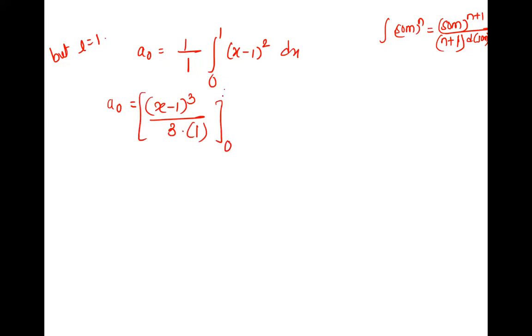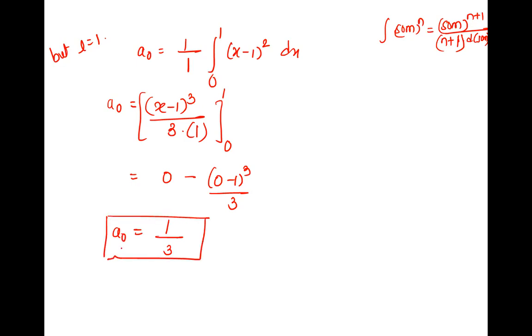From 0 to 1. If upper limit x is 1, 1 minus 1 is 0, 0 by anything is 0. Minus lower limit, if x is 0, so 0 minus minus 1 cube upon 3. Minus 1 cube is minus 1, already minus, so plus 1 by 3. A naught is 1 by 3.